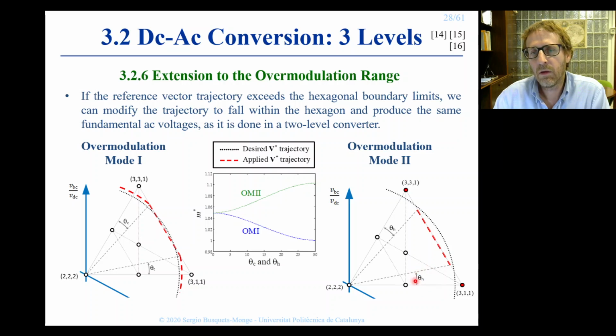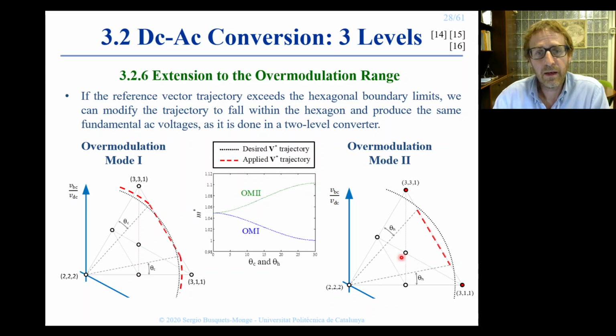The holding angle, as we increase the amplitude of the output voltages, goes from 0 degrees up to 30 degrees.